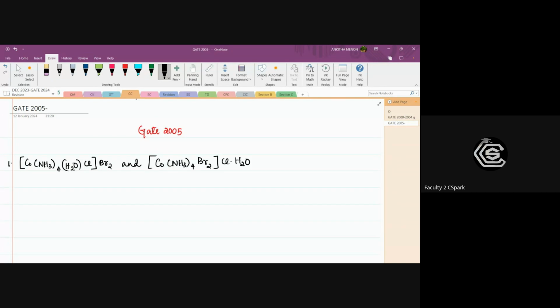So you can see that the ligands inside and the ligands outside have exchanged places. This is an example of what type of isomerism?